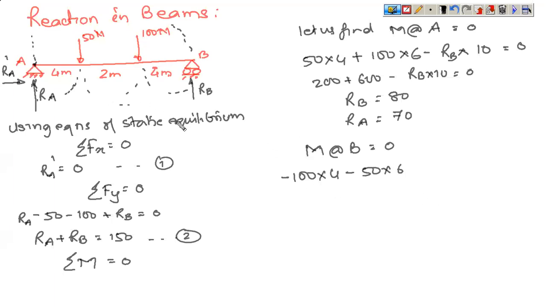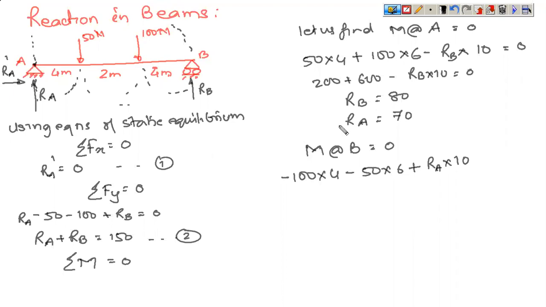So this is minus. RA dash does not have any perpendicular distance. RA has a perpendicular distance of 10 meters. So this is clockwise in nature, RA into 10. Because RA is at a distance of 10 meters from B, the magnitude of the moment is RA into 10. It is plus because it will tend to move the beam in clockwise direction.